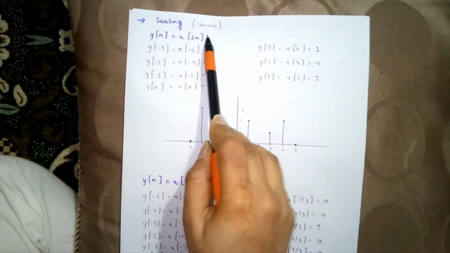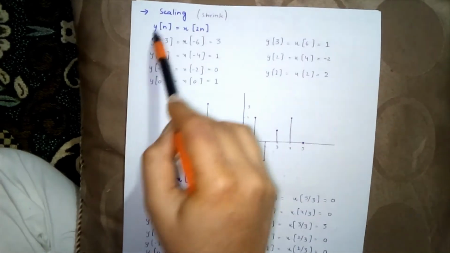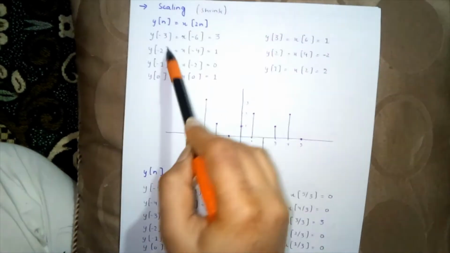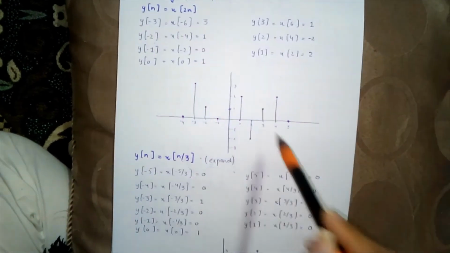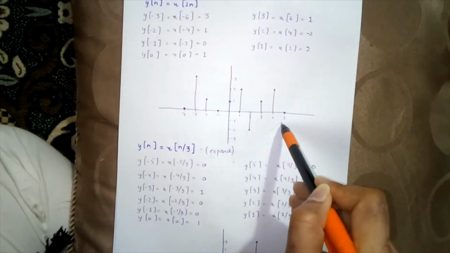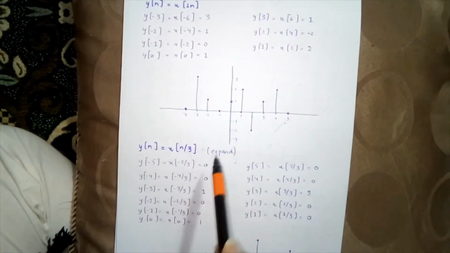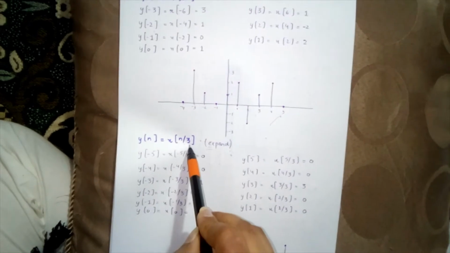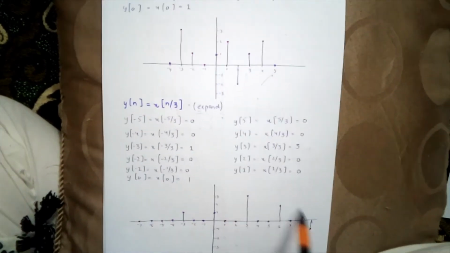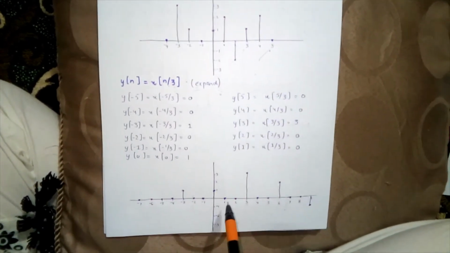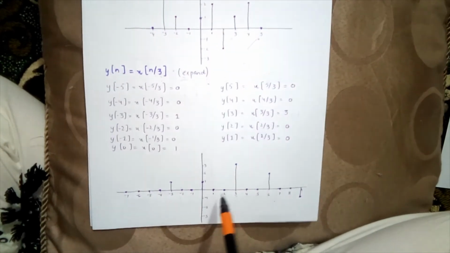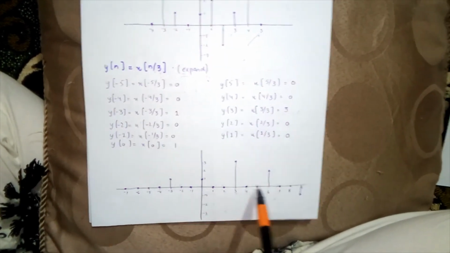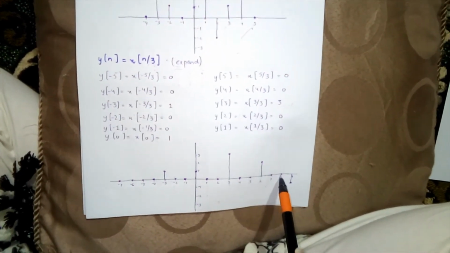In the shrinking function, when we put different values of n, the resulting signal is this, and when we divide by some integer, the resulting signal is this. In the expanding signal, we can see that there are some values at which the signal becomes 0.